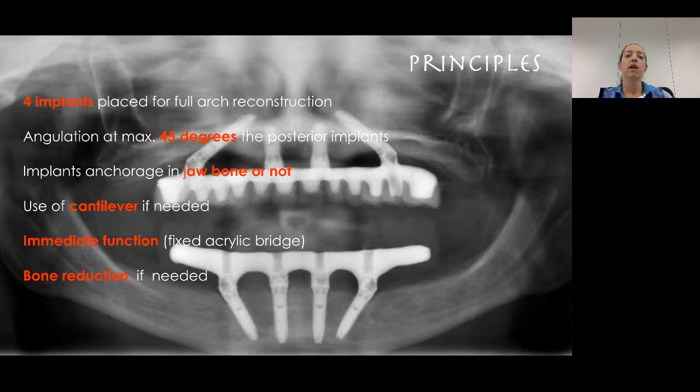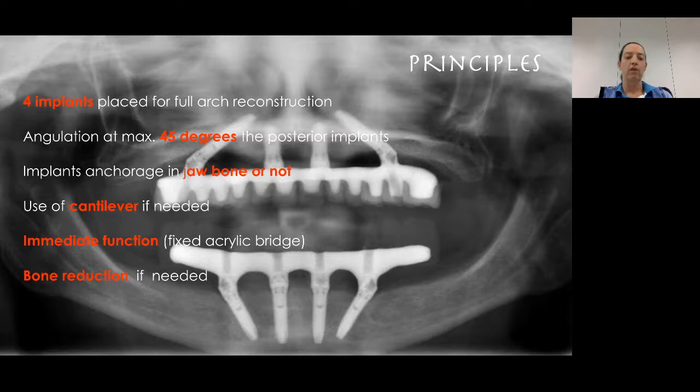The implants are anchored in bone. In the standard All-on-4 in the maxilla and mandible, the implants are anchored in the bone. But with zygoma implants, which we will talk about next week, part of the implant is not anchored in the bone at all. We will use a cantilever in the final prosthesis if needed.